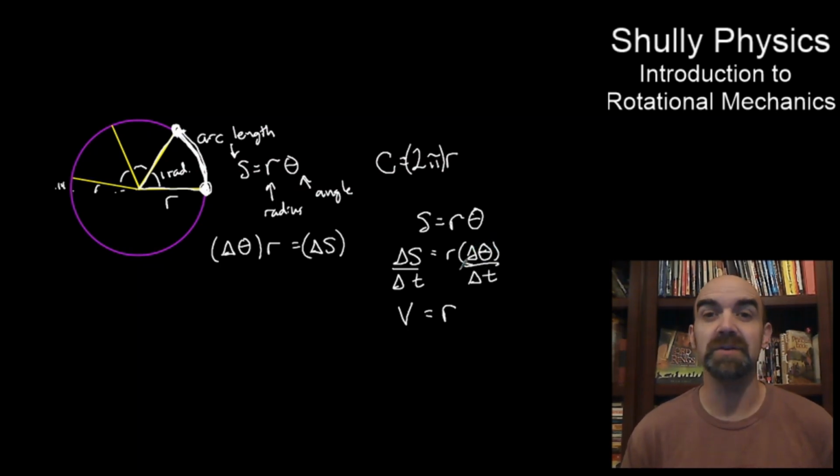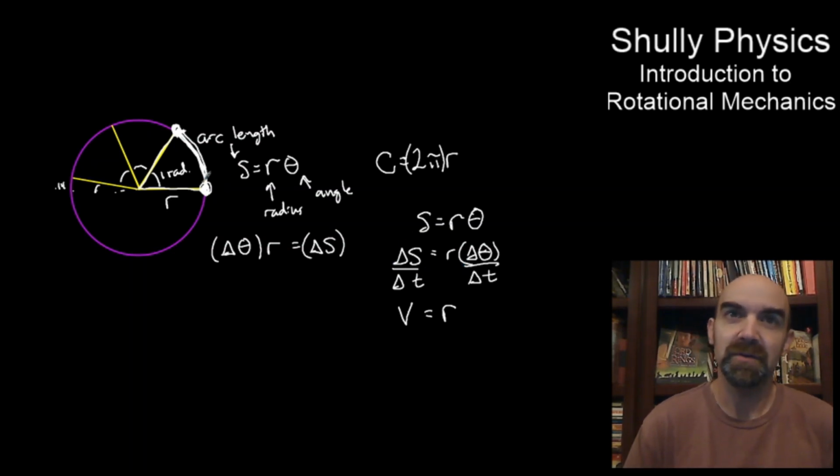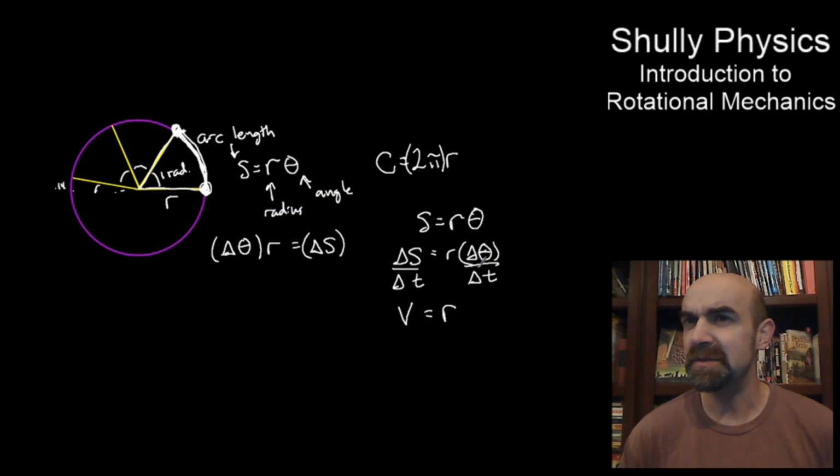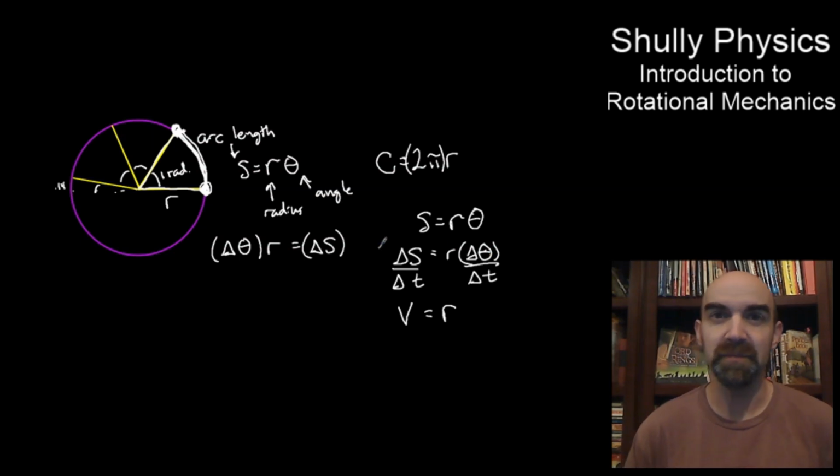We actually need to define something new here. If this represents a velocity of, let's say, my hands, how fast my hands are moving around the circle, then what would this rate of change in angular position be? What could we call that? I'm going to define a new quantity here called omega.